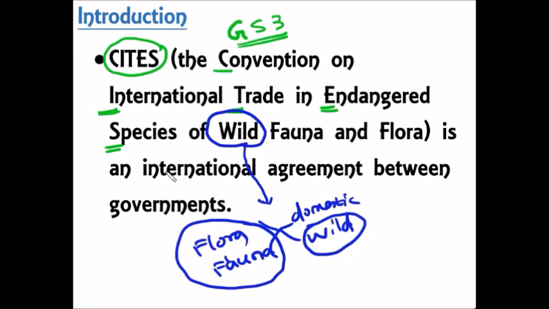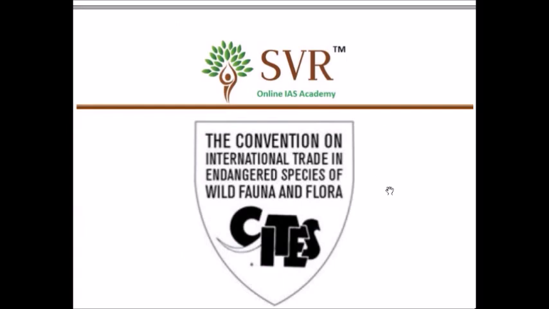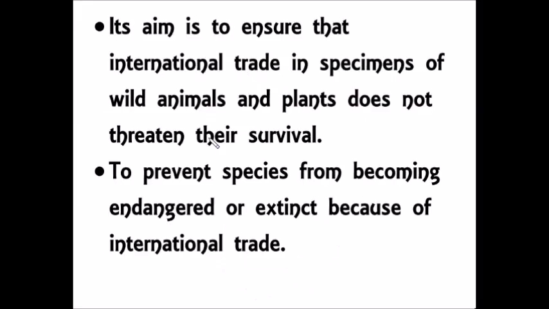So CITES is an international agreement between governments to conserve the endangered species of wild fauna and flora. It is the emblem of CITES that you can see in the image.